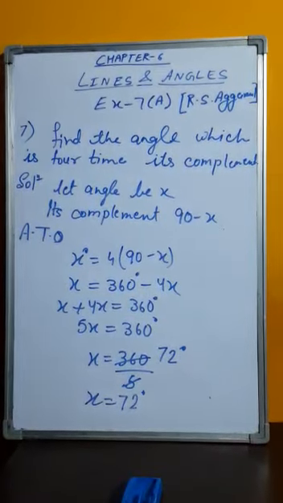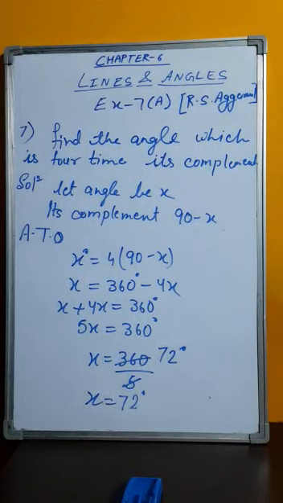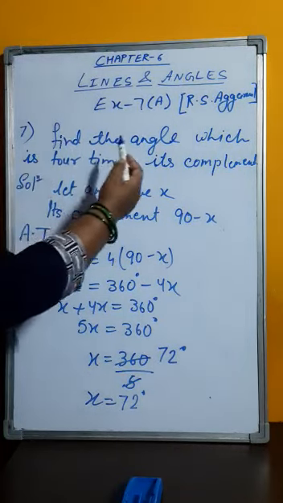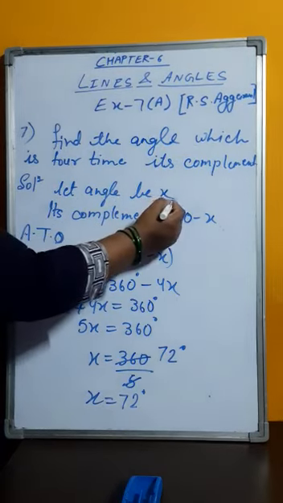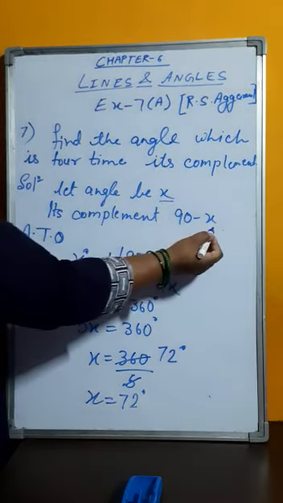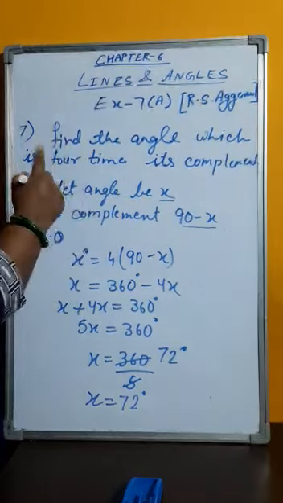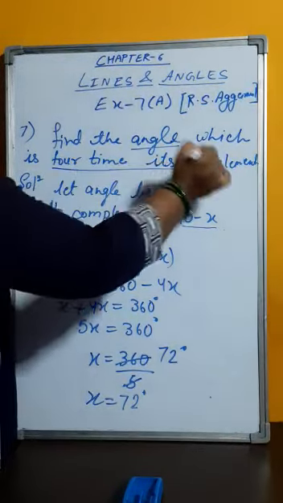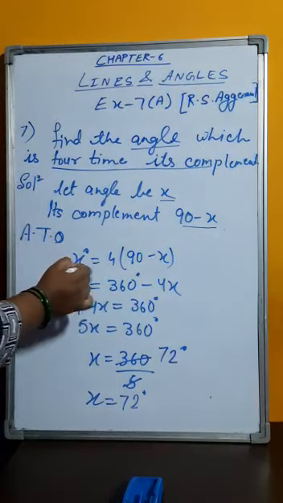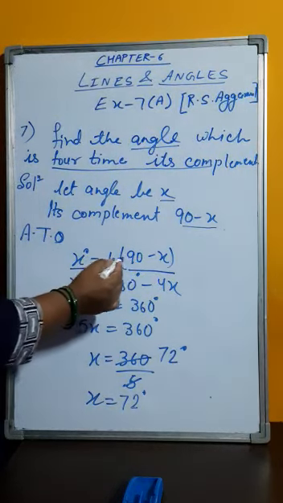Now student, question number 6 you will do. I am discussing question number 7. Question 7 is, find the angle which is 4 times its complement. So we have assumed the angle as x, then clearly its complement is 90 minus x. According to the question, the angle is 4 times its complement.